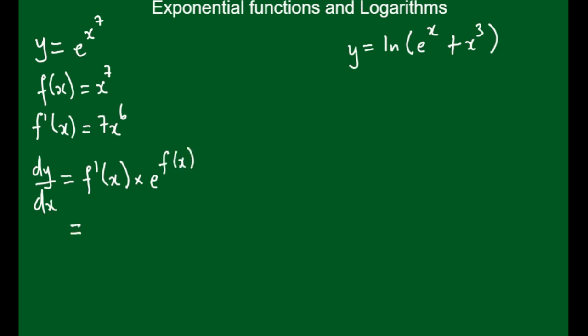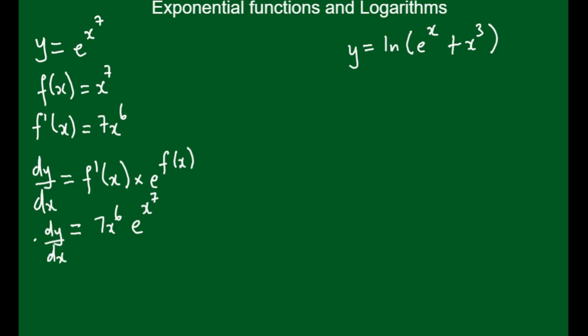And this is our f prime of x, that's 7x to the power of 6 by e to the power of f of x, which is x to the power of 7. So that's our dy dx.